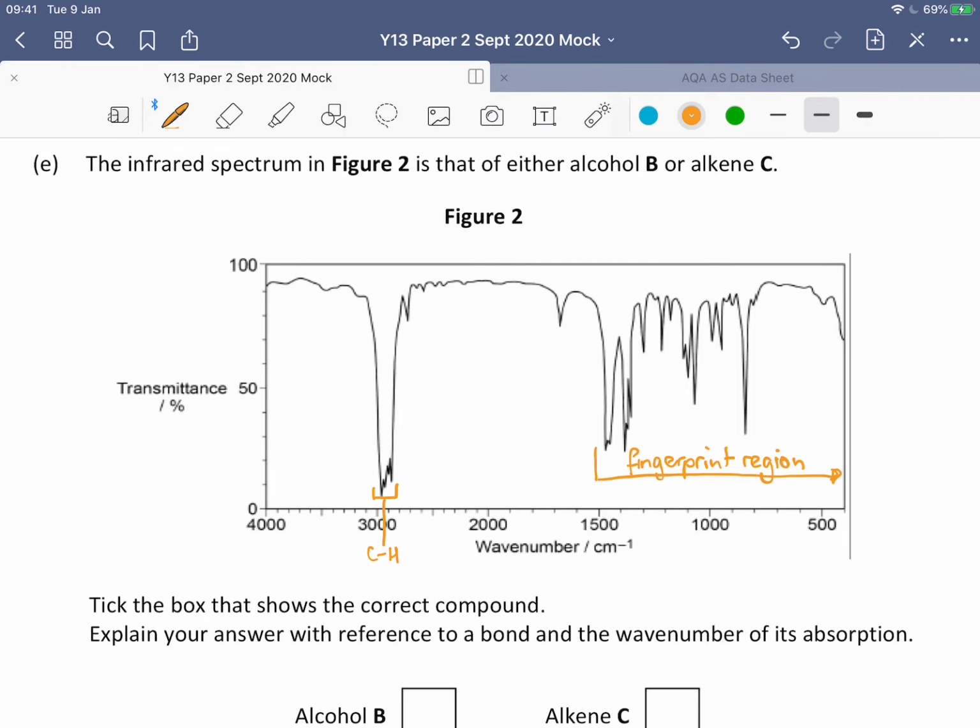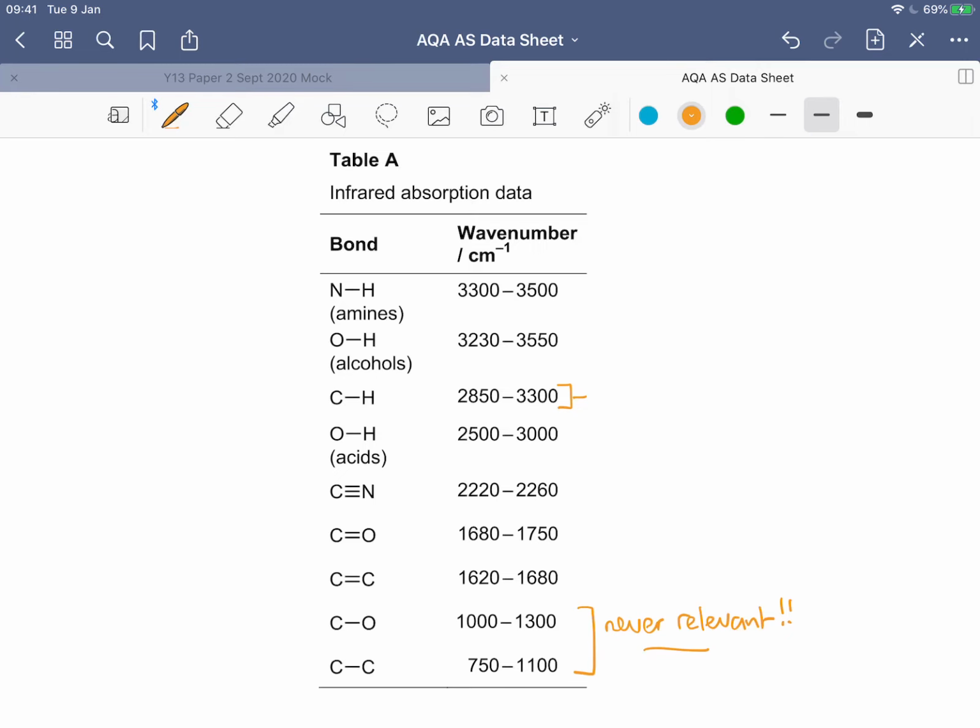What you'll find though is when you're trying to distinguish between alcohols and acids, you can see that acids in particular overlap with the CH.